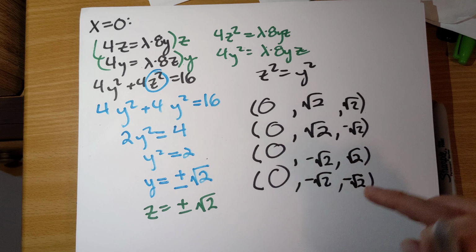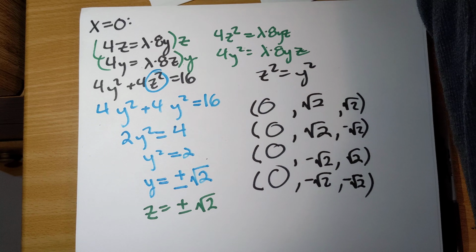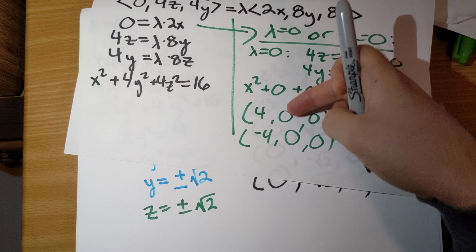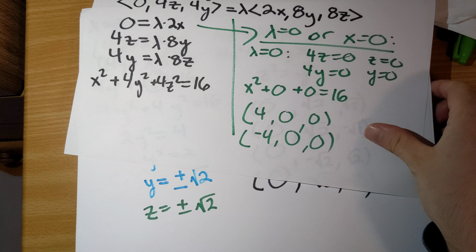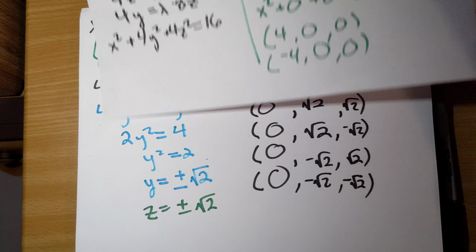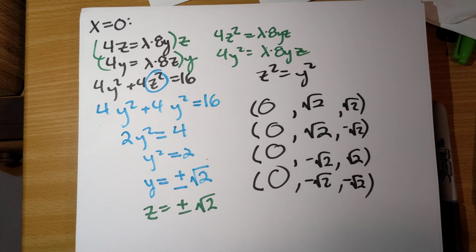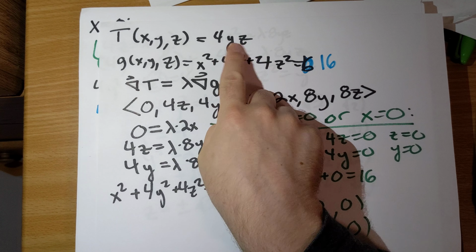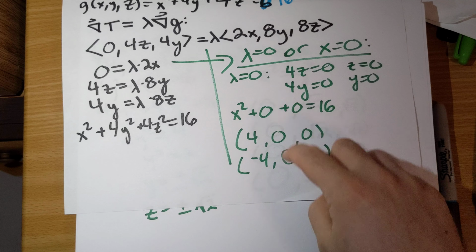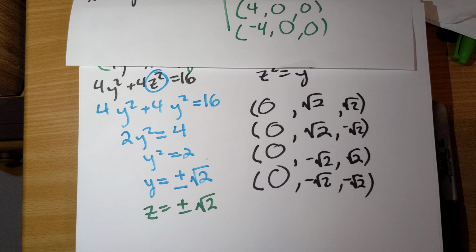Okay, so we have these 4 points here, along with these 2 from before. And so what is going on here? We just have to evaluate the temperatures at these 6 points.